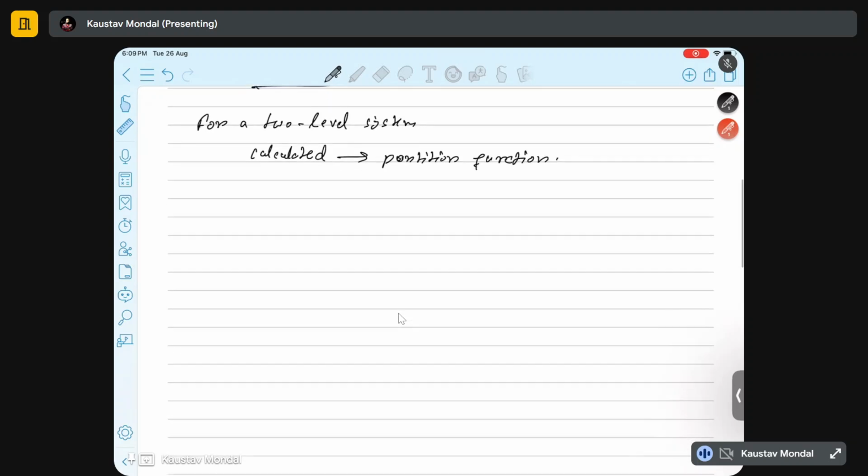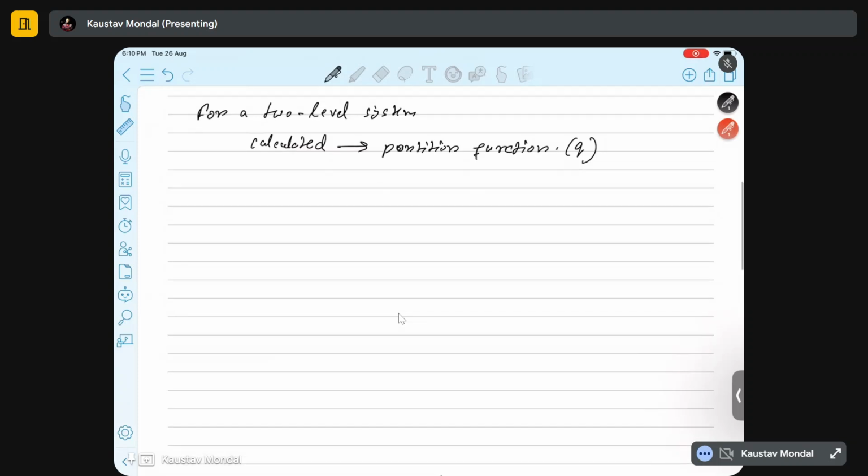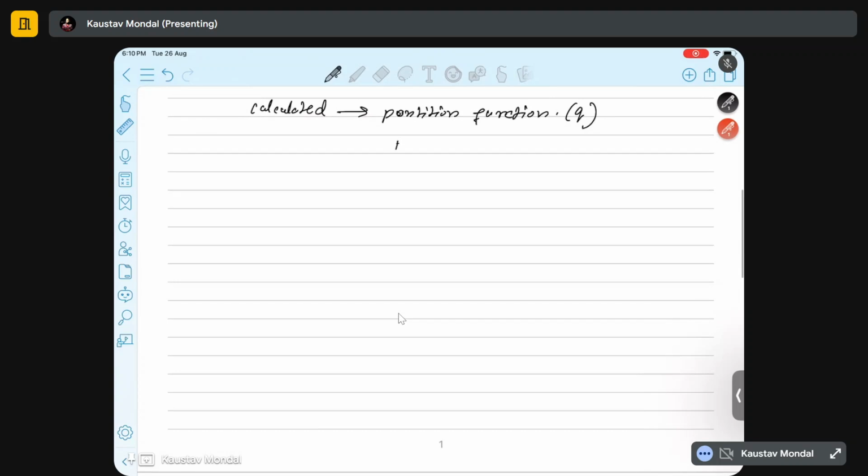Then we showed how the behavior of the partition function will be in different ranges of temperature: if the temperature tends to become very high, if the temperature tends to become 0, or if it becomes a very high negative value. In that case, what will happen basically? We found out that the partition function shows this kind of behavior.